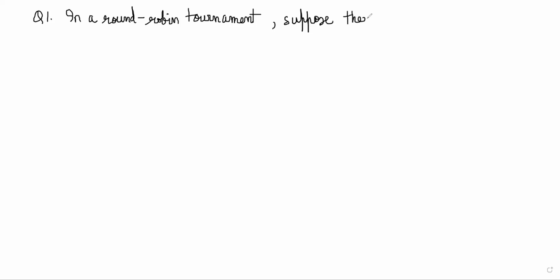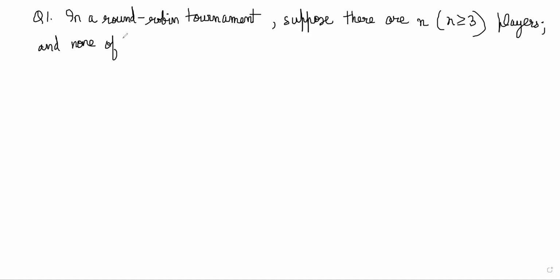In a round robin tournament, suppose there are n greater than or equal to 3 players, and none of them win all the games.